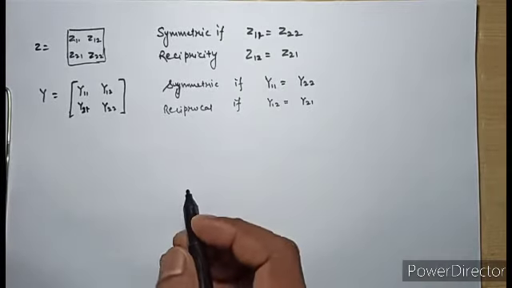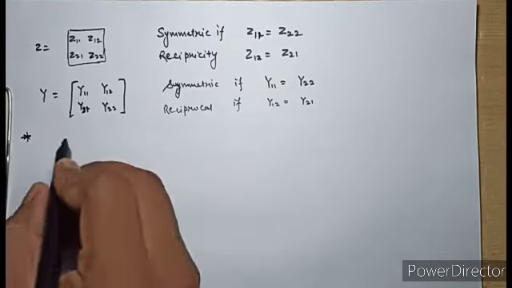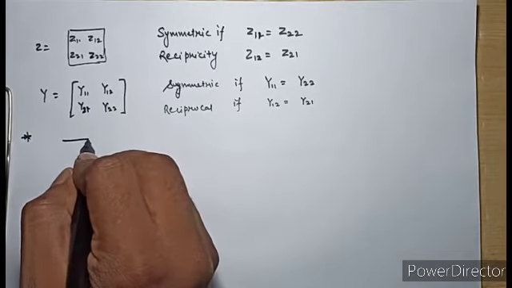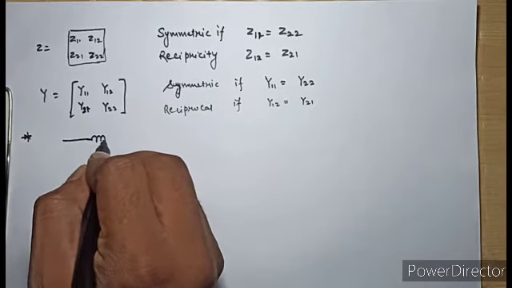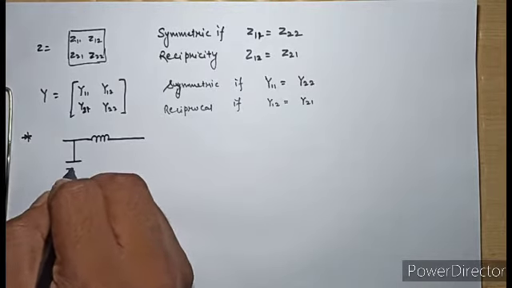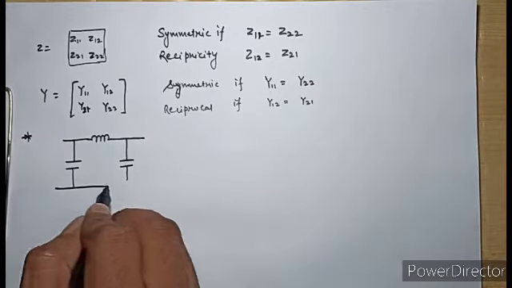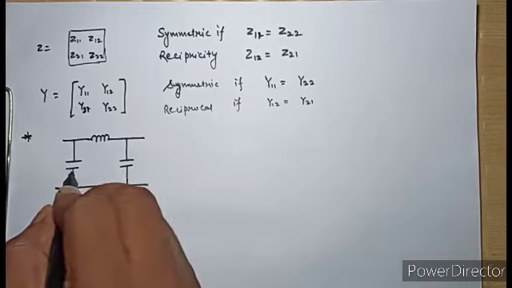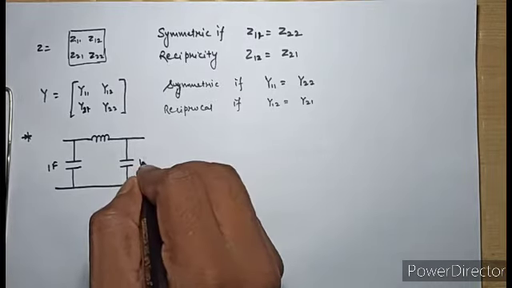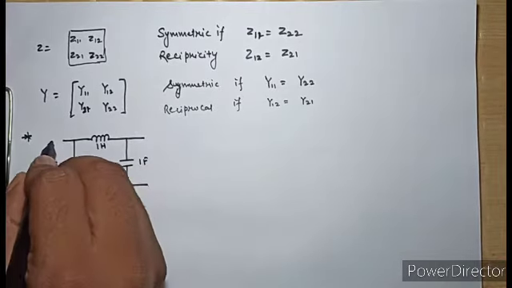Okay, now we will do a problem. Our today's first problem is, if the network is given like this, this is 1 farad, this is 1 farad, and this is 1 Henry, right?